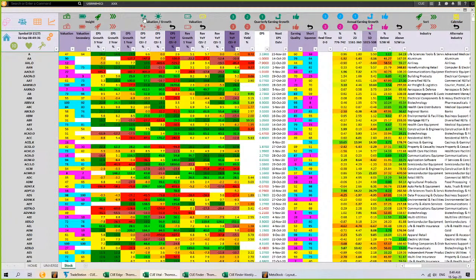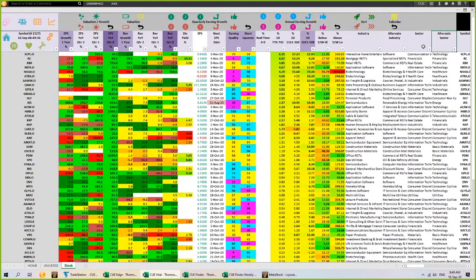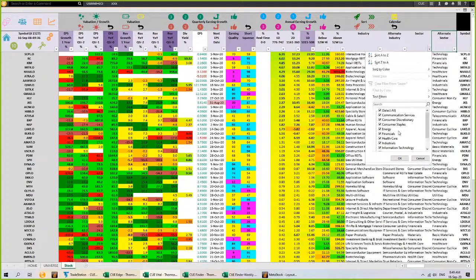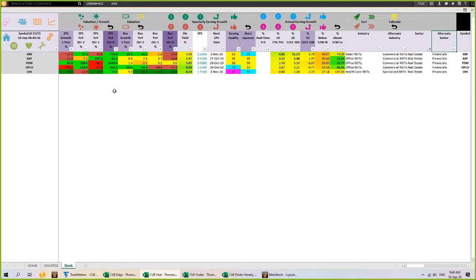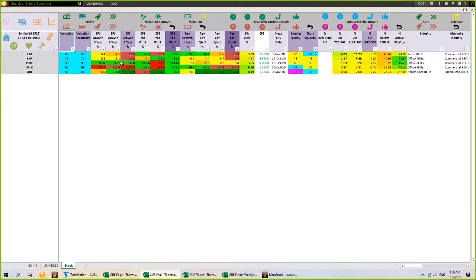Let's look at the star candidates and let me look at real estate sector. Maybe not in this list also.